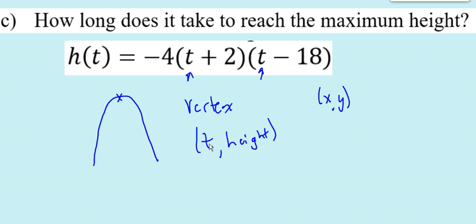So that's how I know the vertex will be time and height. So once I know the maximum height, which I will have found already in part B, all I have to do is look here in my vertex and tell you how long it takes to get there. And of course that number will be that midpoint of the roots number that we found. So question C won't take us very long once we do question B.